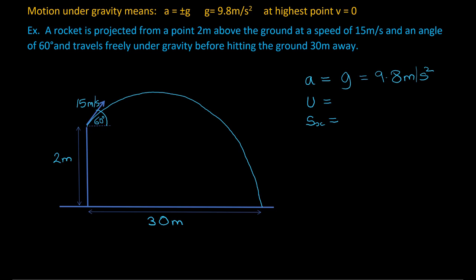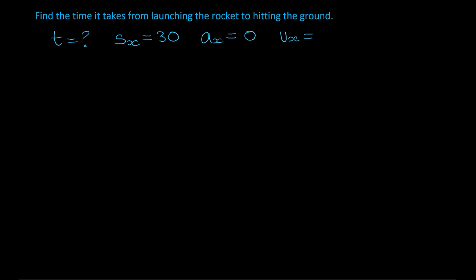Our initial velocity is 15, and the distance it travels horizontally is 30 meters. Find the time it takes from launching the rocket to hitting the ground. So we need to find the time t.